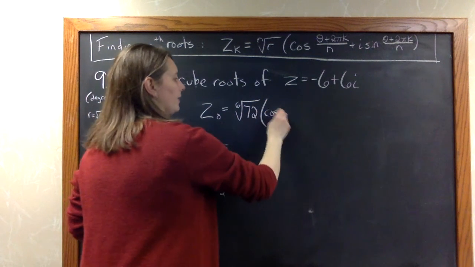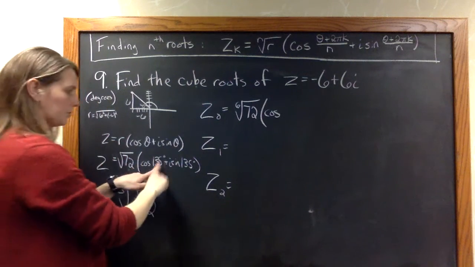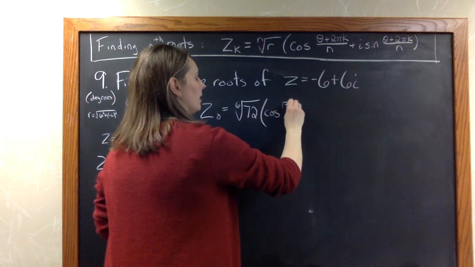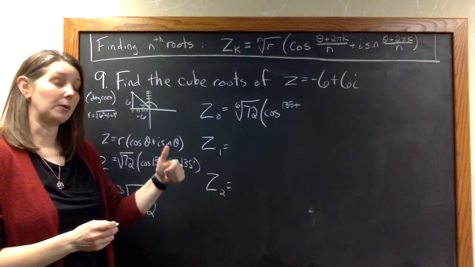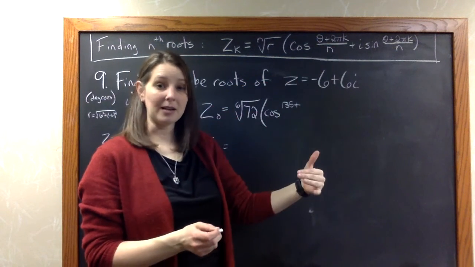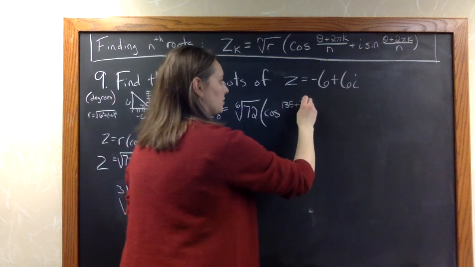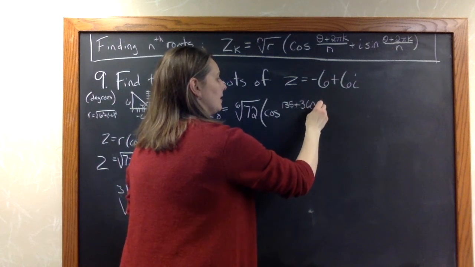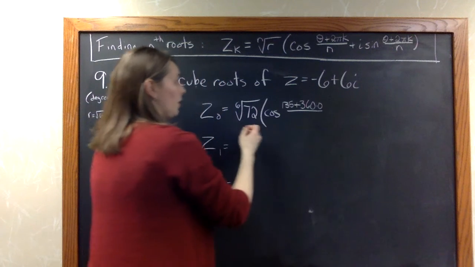And then we have cosine of theta. Theta is 135. Now, this is where things change because we're doing degrees. We don't want to use 2 pi because that's in radians. So we just have to think of the equivalent in degrees, which is 360. So we're going to do 360 times k. K is 0, over n.